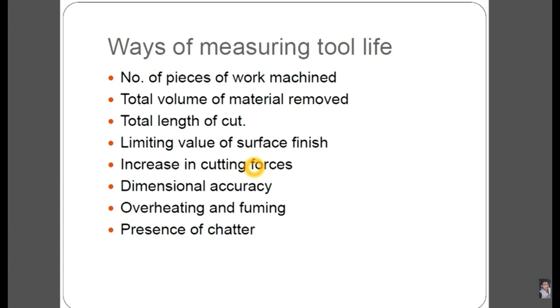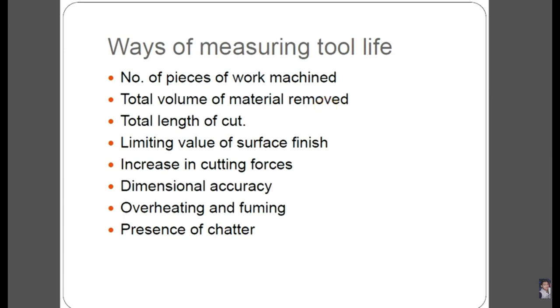So, what is machine time? It is the elapsed time of operation of the machine tool, the cut may be intermittent in nature. Ways of measuring tool life are number of pieces of work machined, total volume of material removed, total length of cut, limiting value of surface finish, increase in cutting forces, dimensional accuracy, overheating and fuming, and presence of chatter.